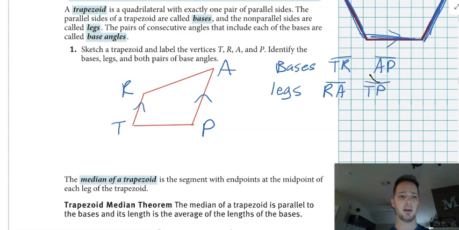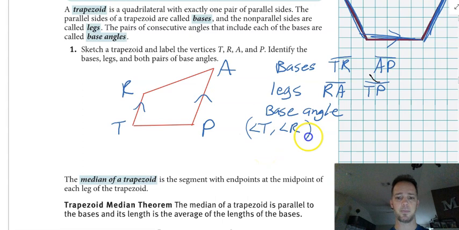And then the base angles: there's a pair of angles on this base. They kind of go together, so T and R go together, and the other pair would be angle A and P.